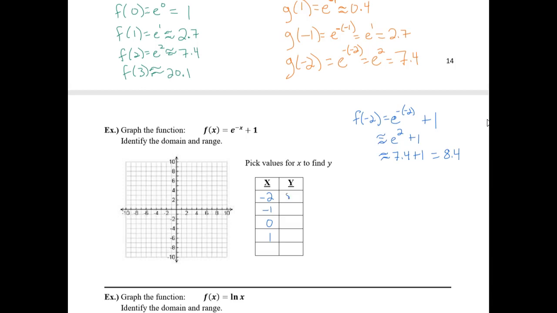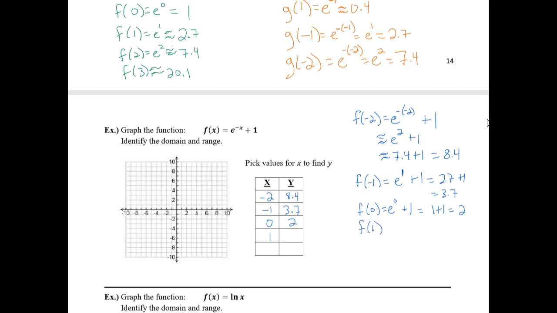Then I'm going to do f of -1. So again, that negative will make it positive 1 plus 1. E to the first power is about 2.7 plus 1 will make it 3.7. F of 0, e to the 0 power is just 1, and 1 plus 1 is 2.